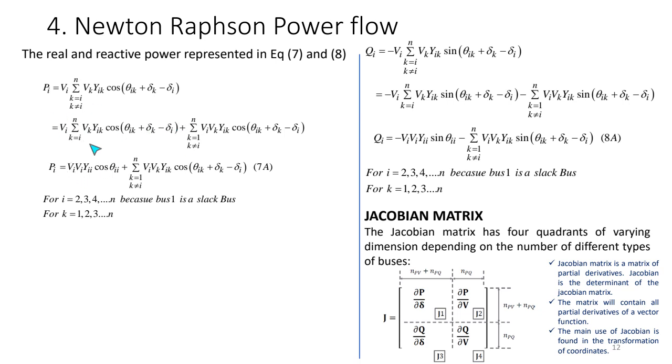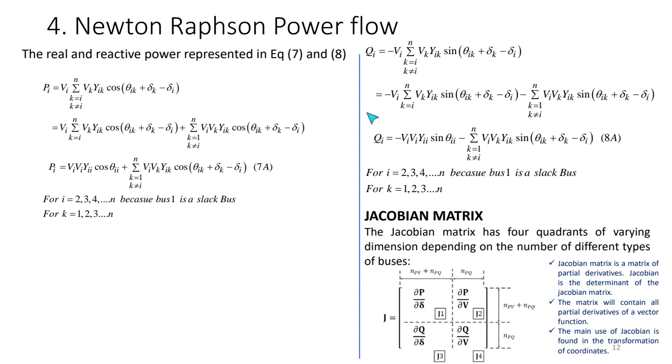In the result, I can write Vi times Vi times Yii cos of theta ii plus the second term. The second term you write as it is, where k is not equal to i, k equal to 1 to n. In summary, we can write i equal to 1 to n, where bus 1 is a slack bus, for k equal to 1 to n as well.